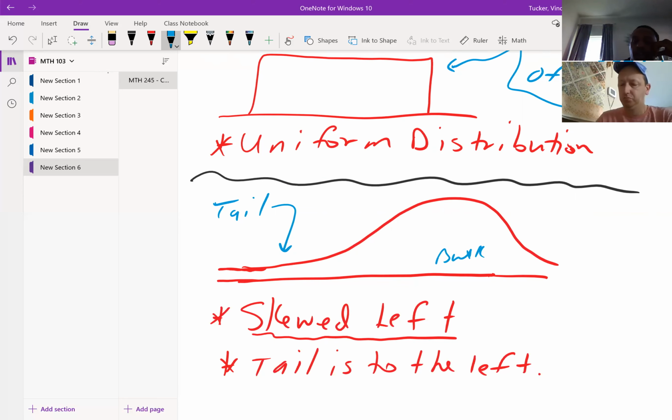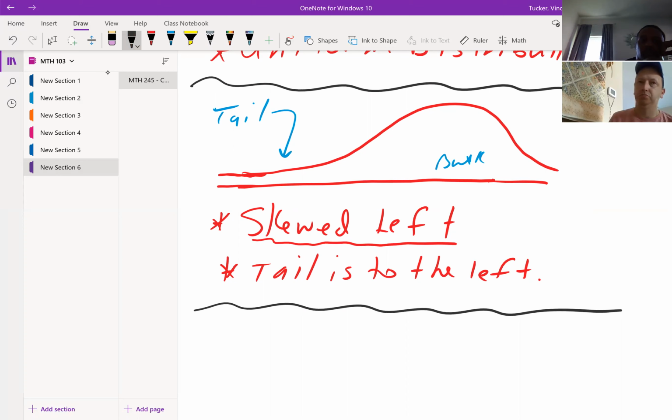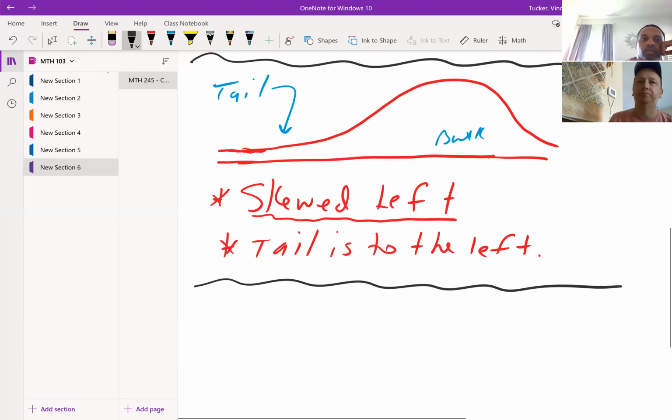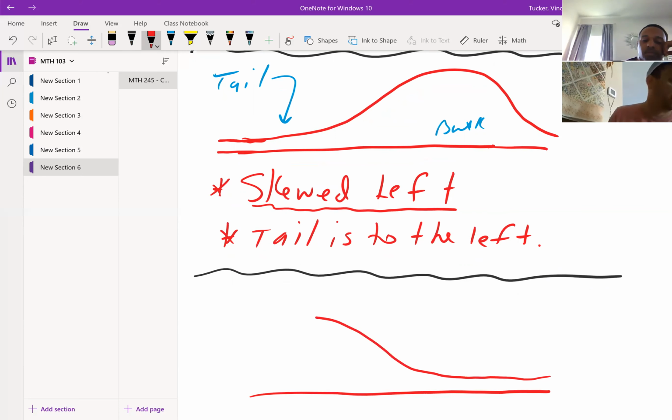Okay. And then to be skewed right, that means the tail of your data is to the right. Trying to draw this stuff the best I can.